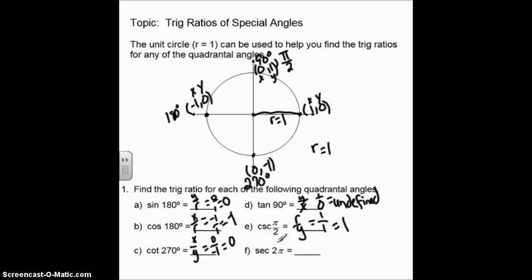Secant of 2 pi. Secant, remember, is the reciprocal of cosine, so that's going to be R over X. For 2 pi, X and Y are 1 and 0, so this is going to be 1 over 1, which is 1.